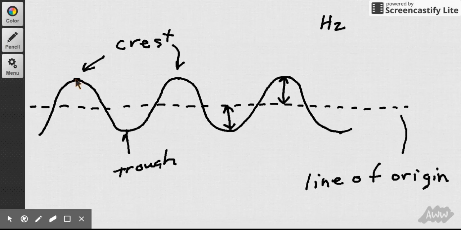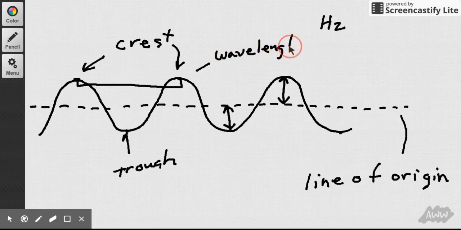So a good example, if you measured crest to crest, this distance from this crest to this crest would be considered the wavelength. And you could also measure from trough to trough, and that would give you the same wavelength.